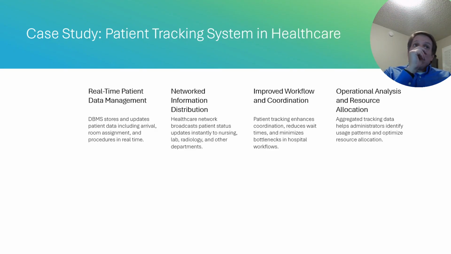We can improve workflow and coordination. As I mentioned, when we're tracking patients with peritoneal dialysis and tracking the machines, we can enhance the workflow and coordinate better outcomes. Or we can also look into where people are being stuck and not moving through a hospital or through the healthcare system.